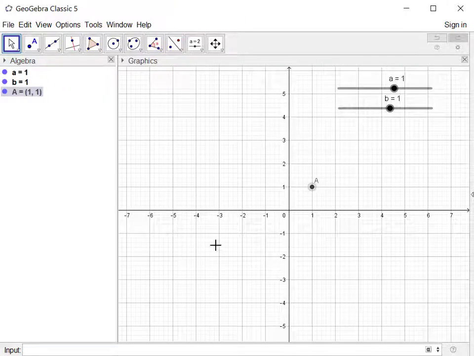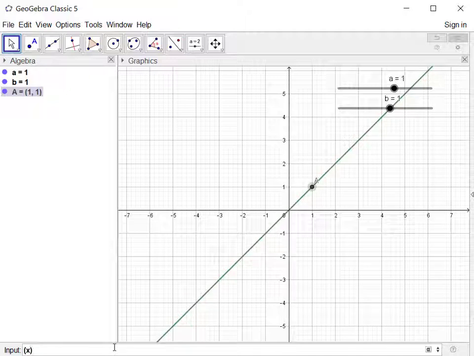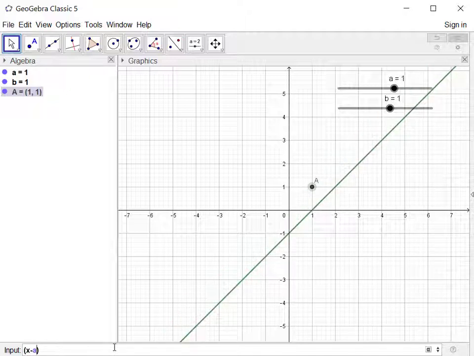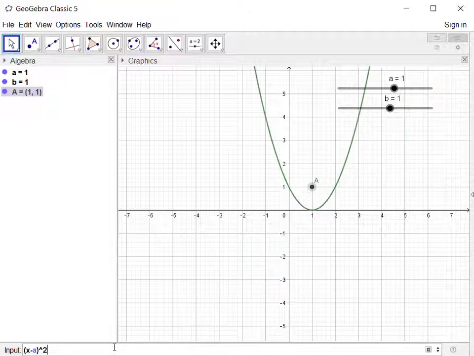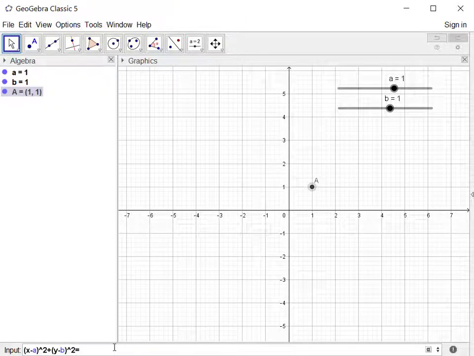And now I want to construct a circle using an equation that'll be centered at that point. As we saw just a minute ago, I'm going to go parenthesis x minus a and square that. And then plus, parenthesis y minus b and square that equals 25.